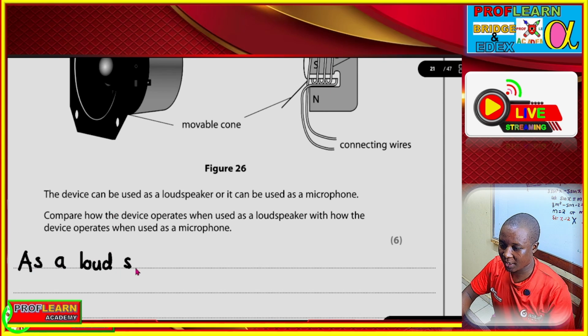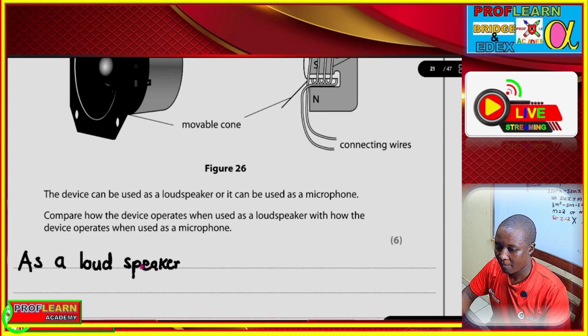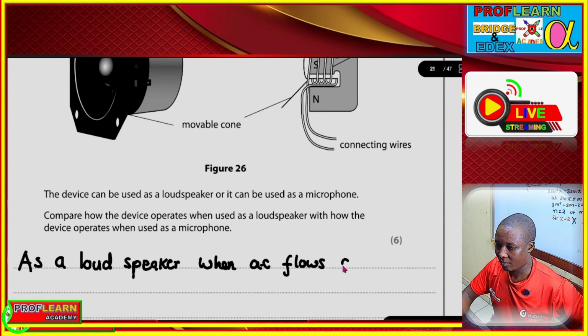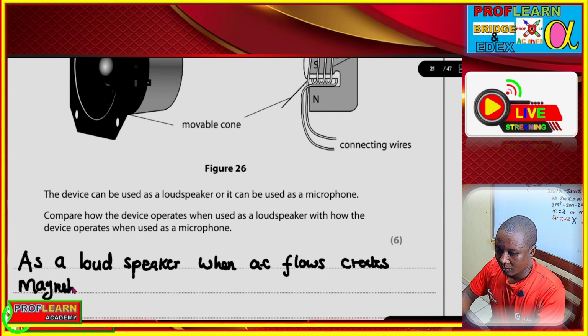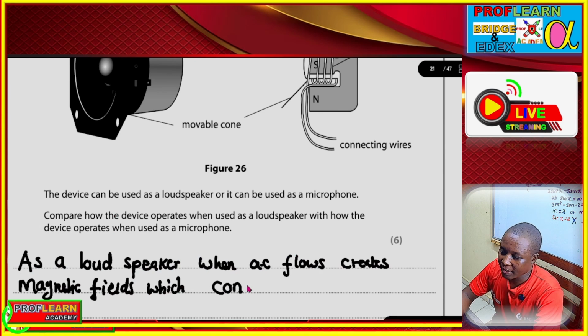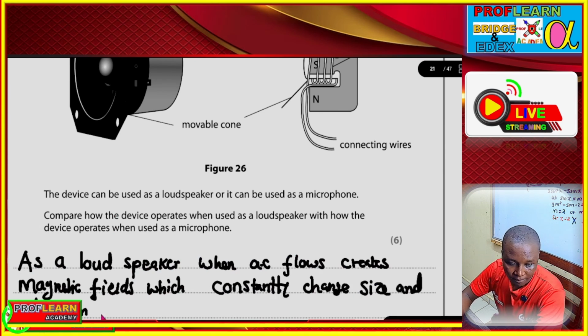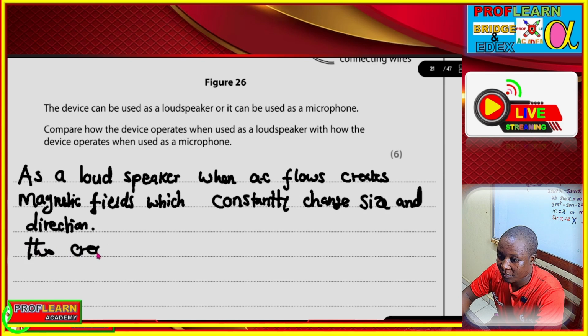So we're going to say as the loudspeaker, when alternating current flows, it creates magnetic fields which constantly change size and direction.